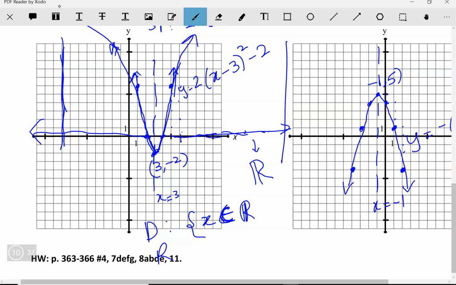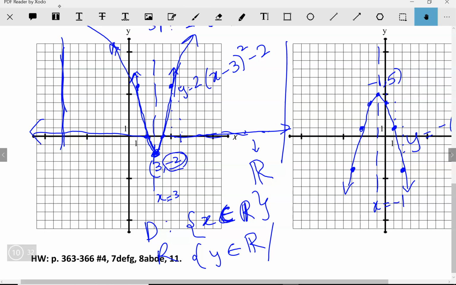Our range is basically the same thing, except we're talking about what our y values are. So here we're always going to start by writing y element of real numbers, but there are some exceptions to this rule. If you take a look, we know that this has a minimum value of y equals -2. And why do we say that?